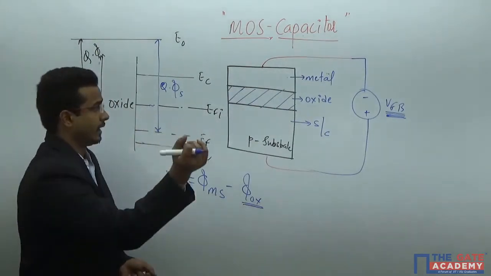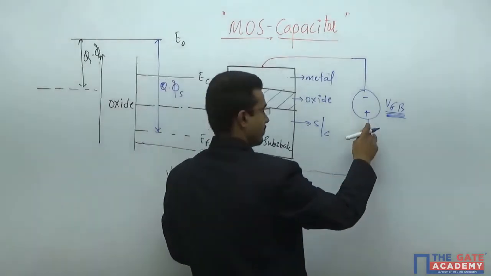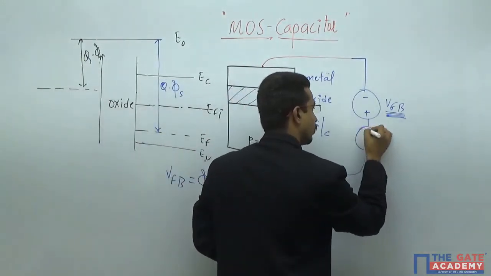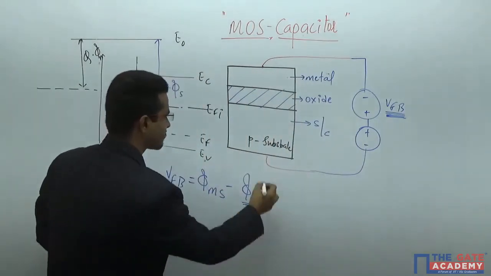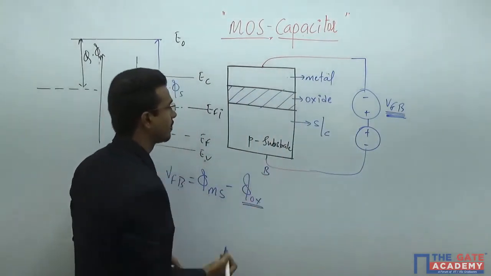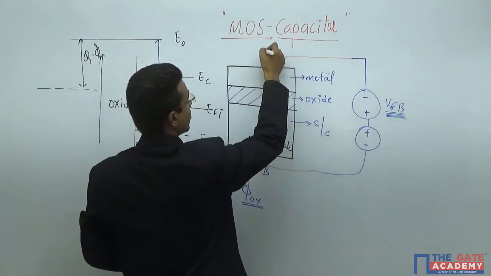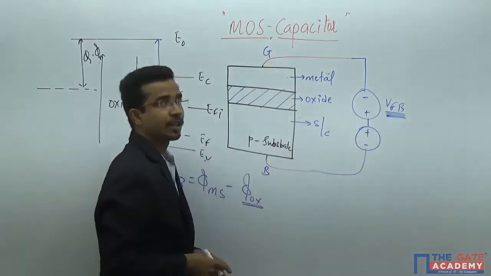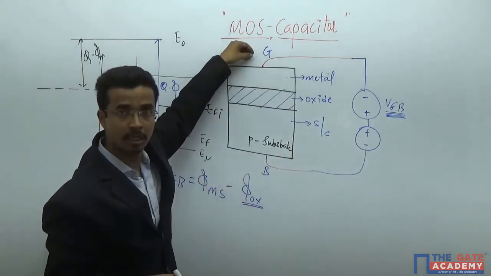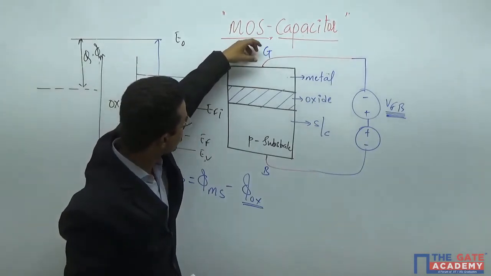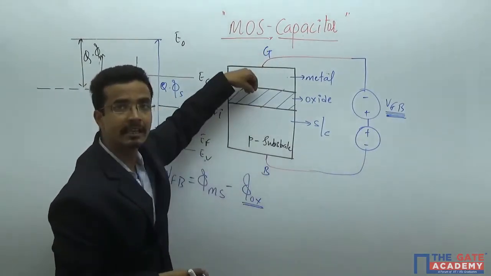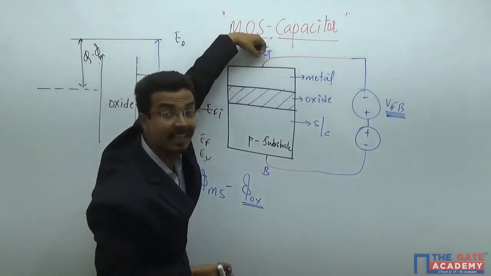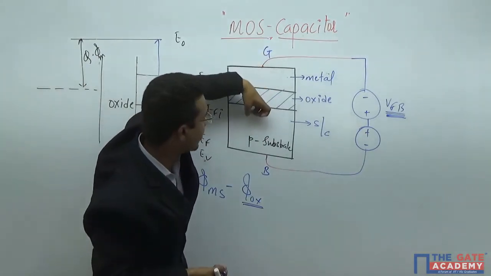Now, I am applying an external voltage, and if this is my body terminal and this is my gate terminal, because you can control the conduction. Whenever you go into detail, you will see that by this terminal you can control the number of charge carriers here.